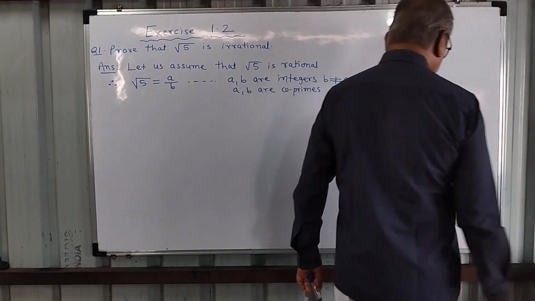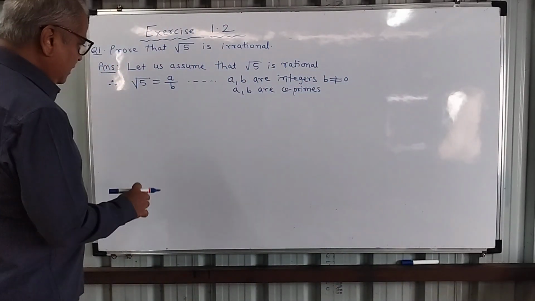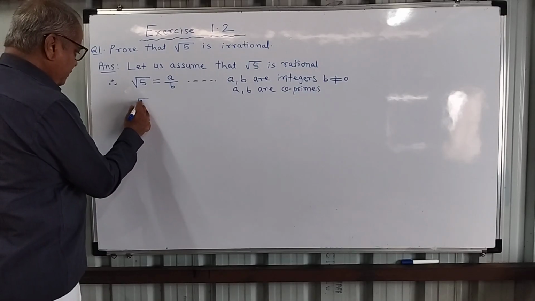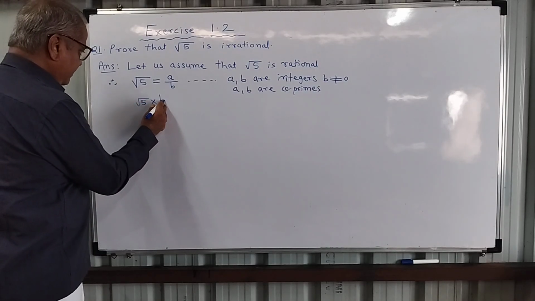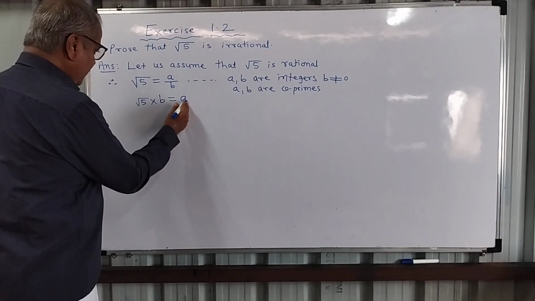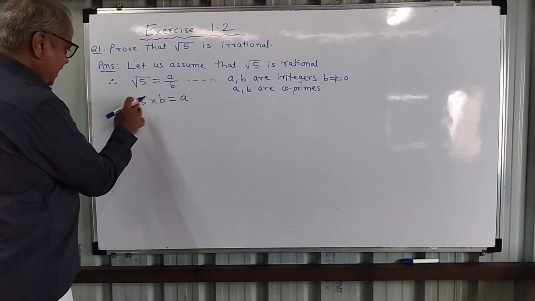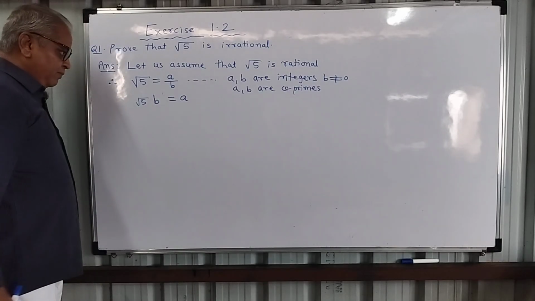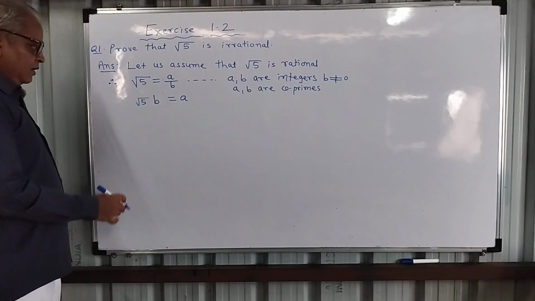Now next step, transfer b here, so it will be root 5 into b is equals to a. We can write root 5b only, into लिहिले तरी चालेल. Root 5b is equals to a.